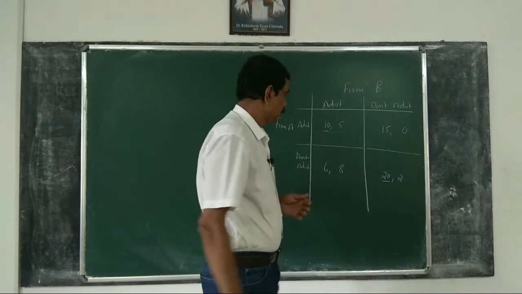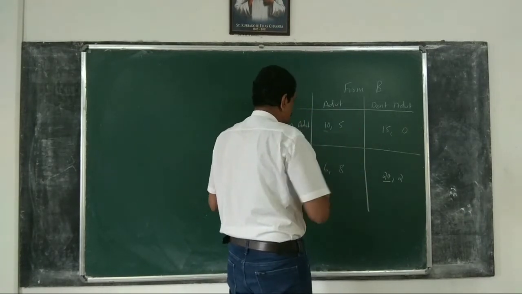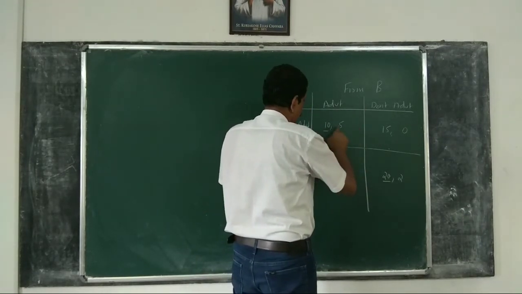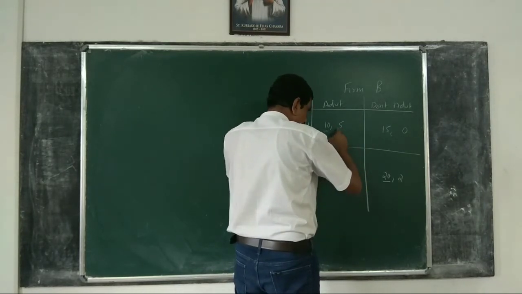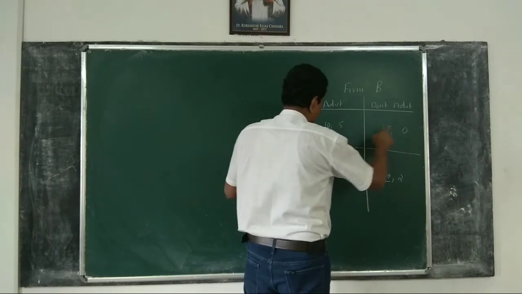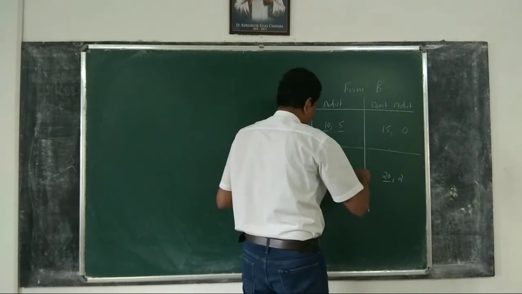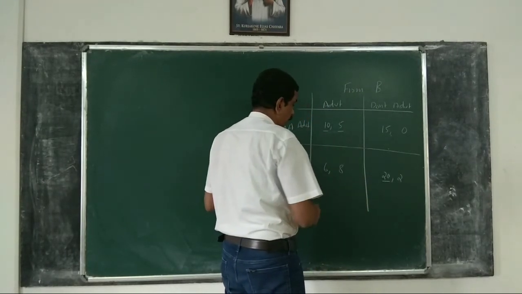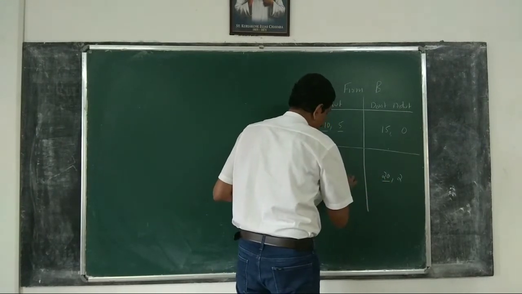Now consider B. If B believes that A advertises, better for B to advertise, because if it advertises it gets 5, otherwise 0. If B believes that A doesn't advertise, it will get 8 if it advertises, 2 if it doesn't.